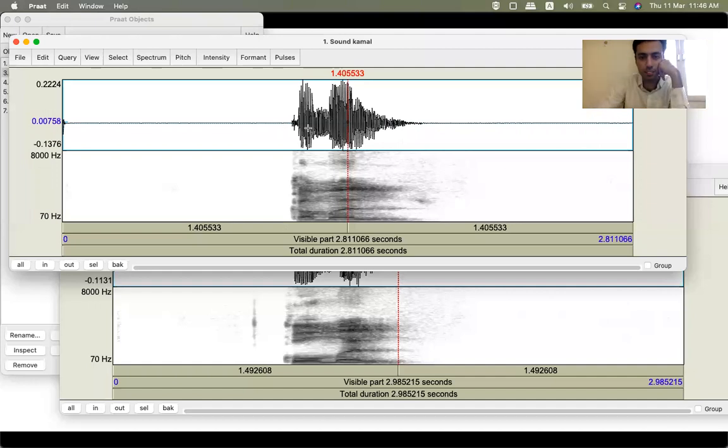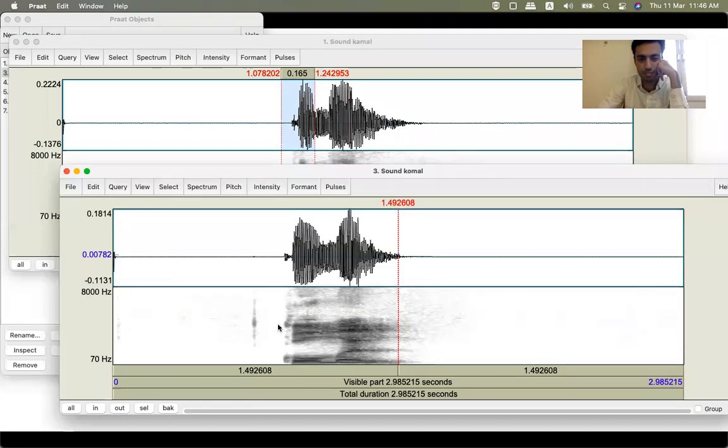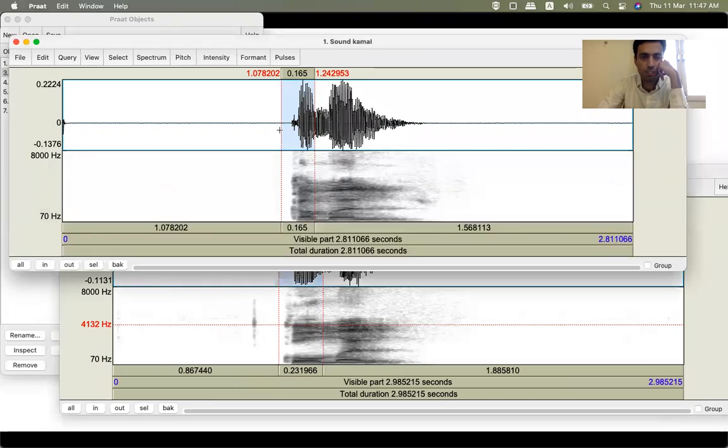Look at this k. It looks like this. Now, when it becomes ko, it looks very different. The same sound, the ka phoneme, changes its appearance or its spectral properties when it is coming with a versus when it is coming with o. You see, it becomes Komal, o, but similarly here, Kamal.